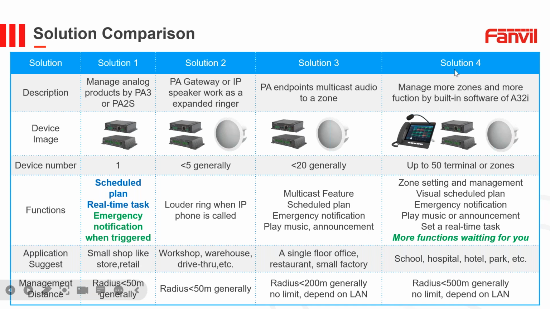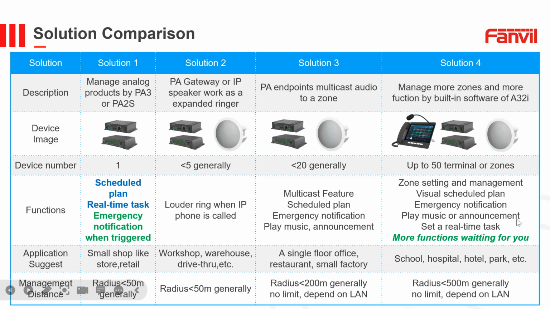And if your business is getting bigger and bigger, and your customer needs to manage more zones and more functions, then you can use our solution 4. A32I can manage 50 terminals, and one terminal like PA3 or PA2S can be connected with an analog amplifier, so you can also manage 50 zones. You can set a schedule plan in the software, and it can be used to make emergency notifications.